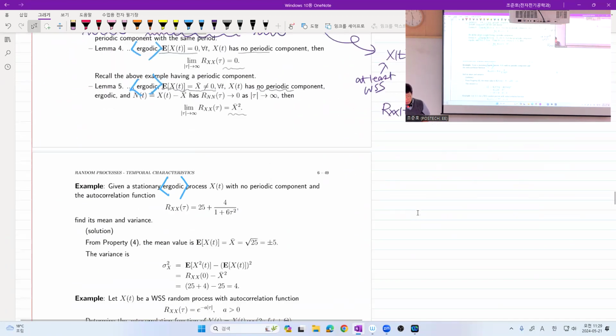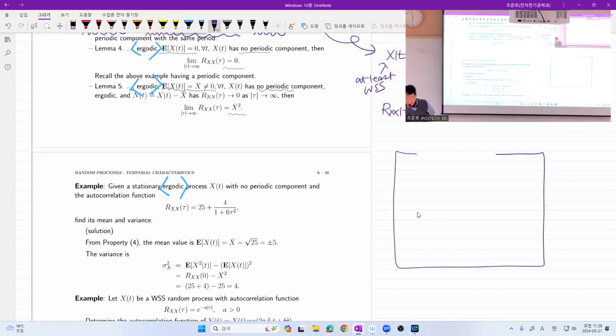So let me draw a Venn diagram again. So here is the set of all random processes. What's the size of the subset of wide-sense stationary, or at least wide-sense stationary random processes? Infinitesimally small, right? However, let me exaggerate. So here go the wide-sense stationary random processes.